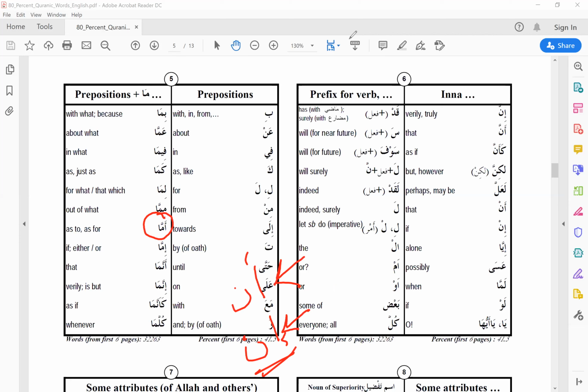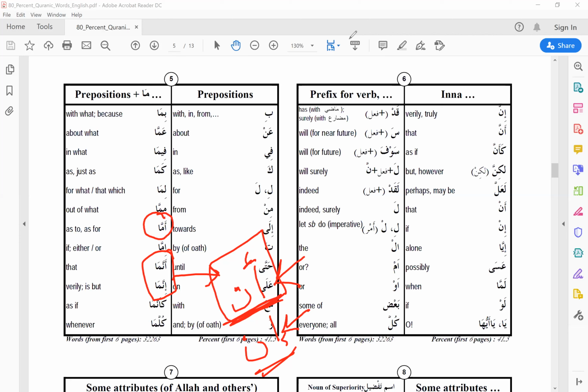All right, now let's go on. So annama, that. Now here we see it right there. That what? So that item, whatever you want to describe. Innama, look at annama and innama. It goes back to what we were saying right here. So anna would mean that, and then you go, anna al-malaikata, such and such. Or inna would mean verily, I'm making sure, I'm affirming a matter. That would be inna.